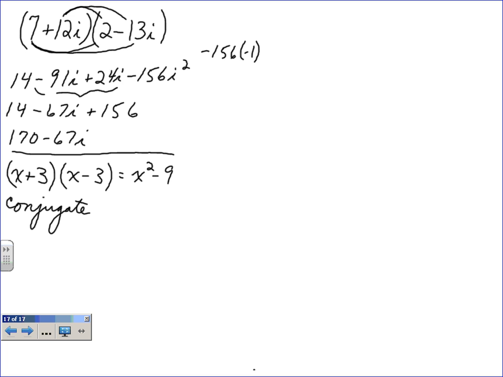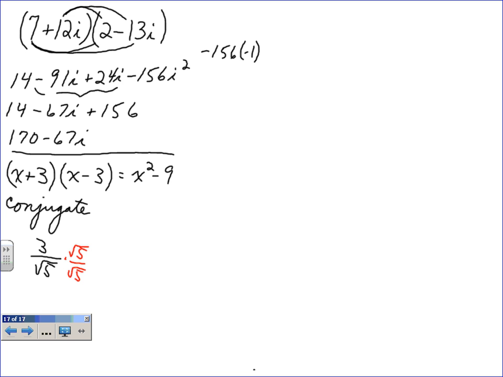All right? And also, just as a reminder, if I had 3 over the square root of 5, okay? And again, in geometry, we rationalize the denominator. It means we can't have a square root in the denominator. So I need to multiply by something to get rid of that square root. So I'm going to multiply by 1, so I don't change the value. But I'm going to multiply by the square root of 5 over the square root of 5.